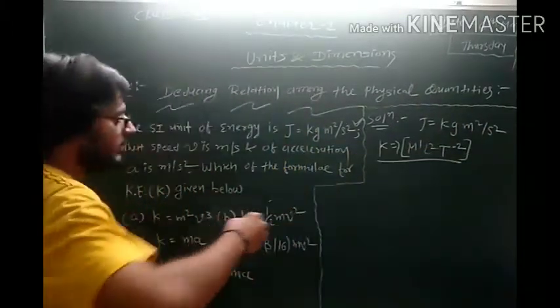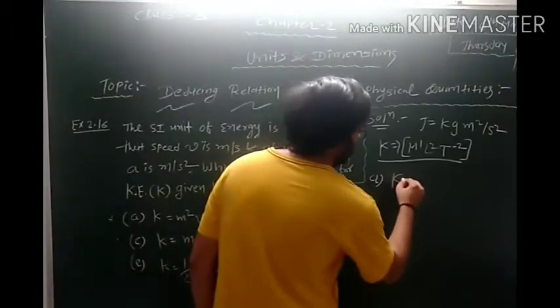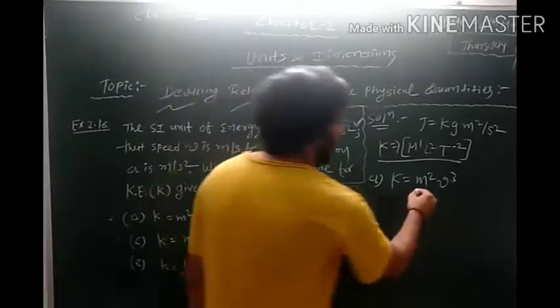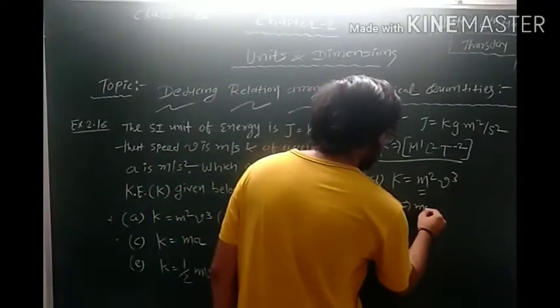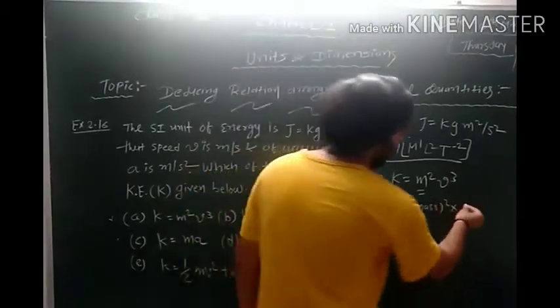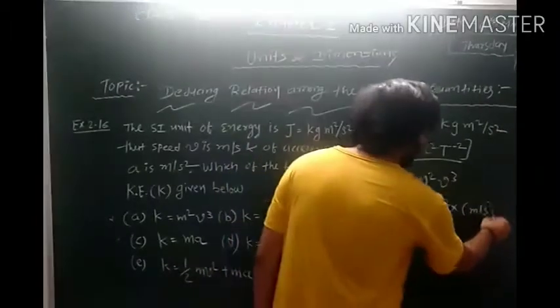Let us take the first formula, that is given here: K equals m square v cube. Here m is mass whole square, and v is velocity, which is distance divided by time, measured in meter per second, and whole cube.